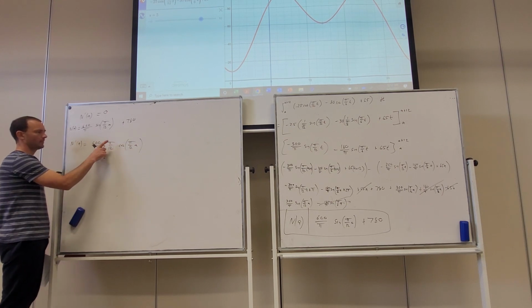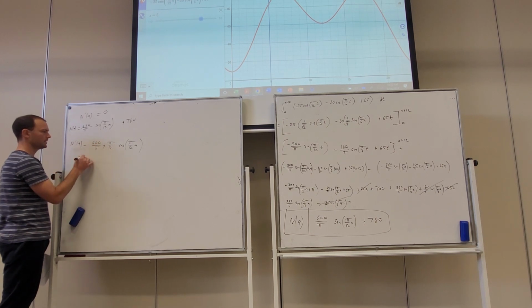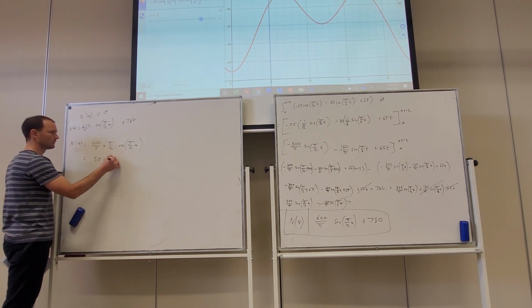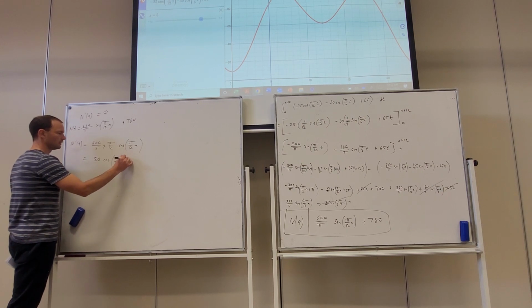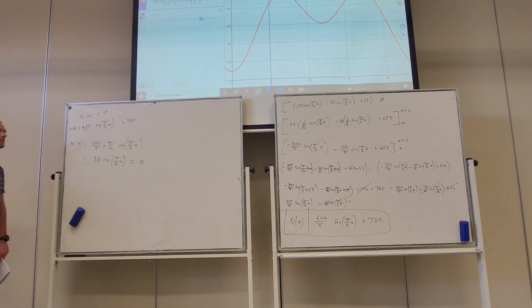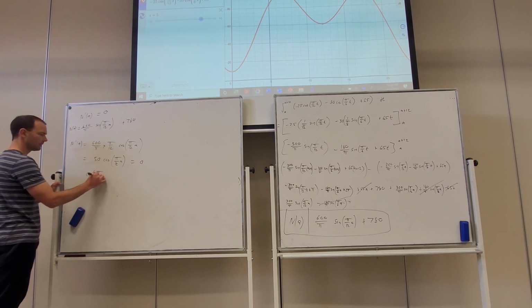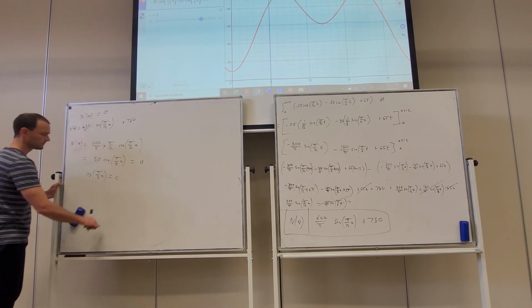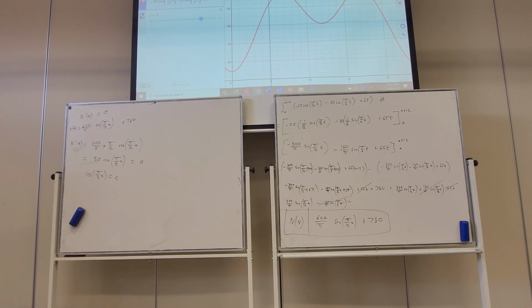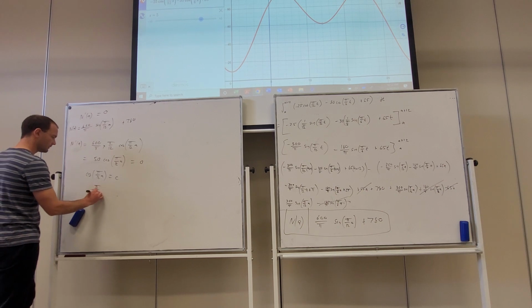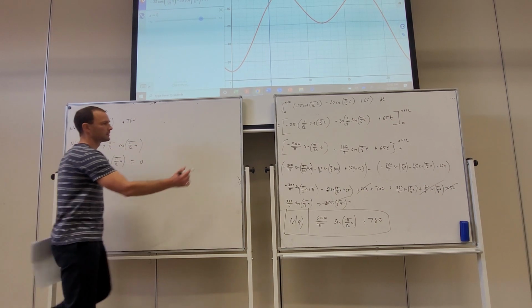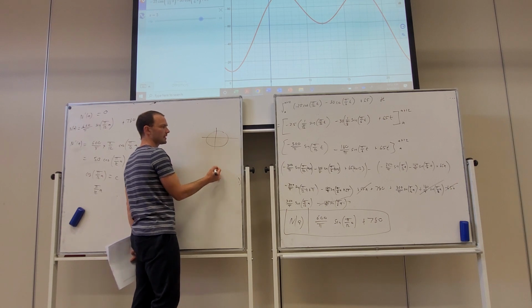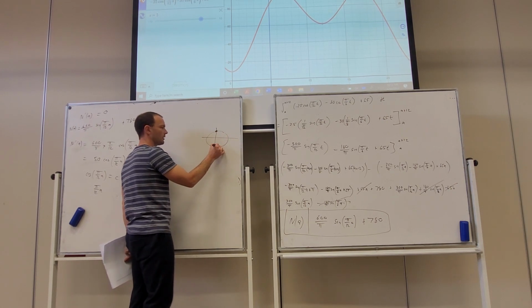And so pi and pi will cancel, that goes to 50. So we're solving this: cos of pi on 12a is 0. So we're solving this trig function. Cos is equal to 0 at pi on 2 and 3 pi on 2.